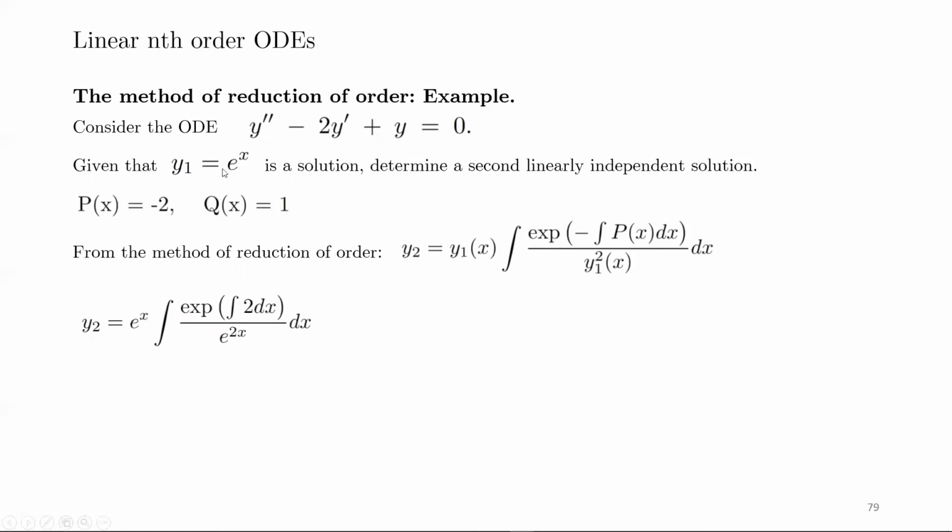If we square y1, we get e to the x all squared, which is equal to e to the 2x, dx. This first integral in the exponential is really easy. The integral of 2 is just 2x, of course.